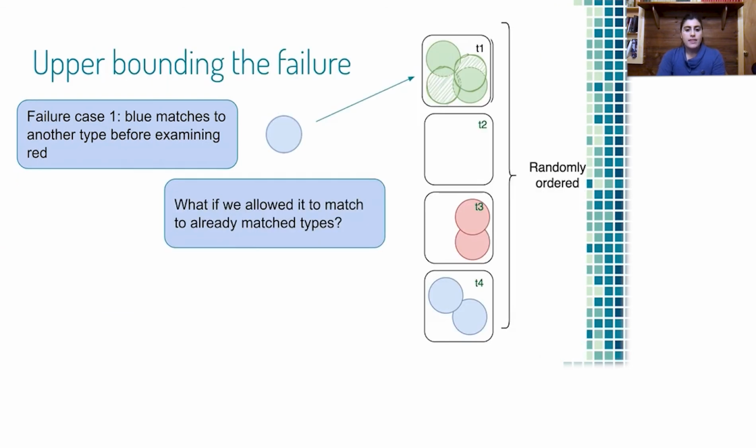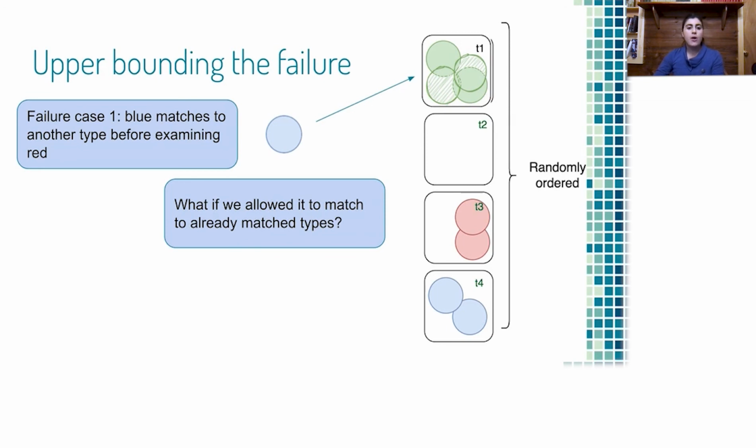One way that one might think about this is, say that this first failure case, the blue matching into some other type that's not the red type we'd like it to match to, we can upper bound this by something that is independent of the probability of the red types being there, right? So say that we allow the blue to match to not just the green types that it technically should be able to match to, but also green types that are already matched, but just haven't left yet. So say that we pretend that if some green type in our system is matched, until it actually leaves according to its Poisson departure process, it's still available to match.